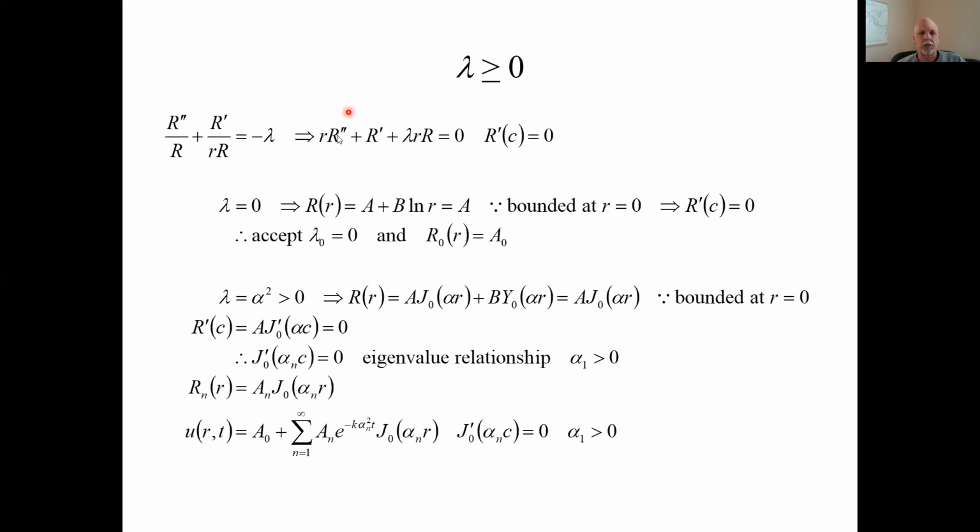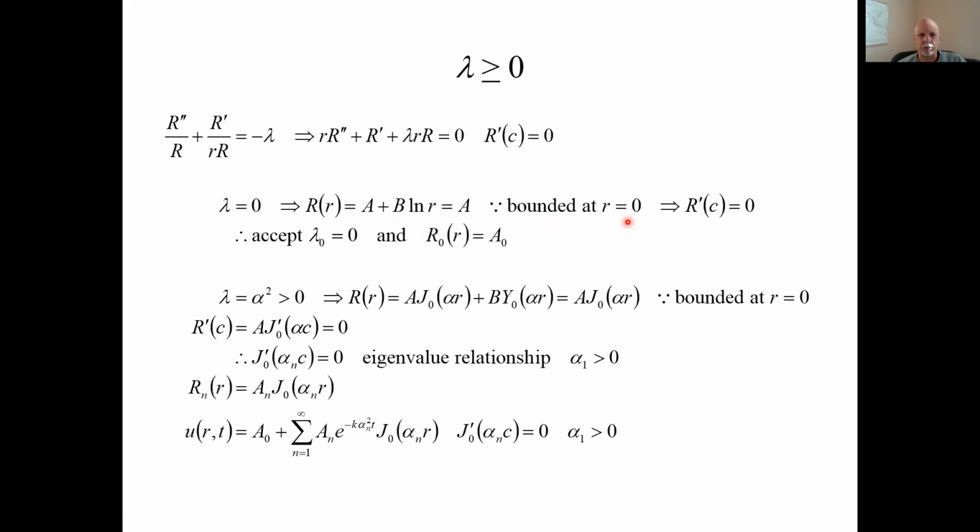This part equals 0, and this is the solution to that equation. It's a certain equation. We would have it on our formula sheet. And because R must be bounded, we have to set big B equal to 0 here. So the solution there for the R function is just a constant.